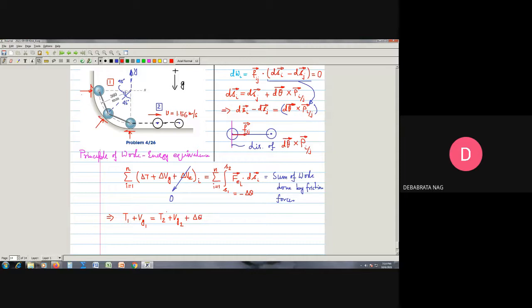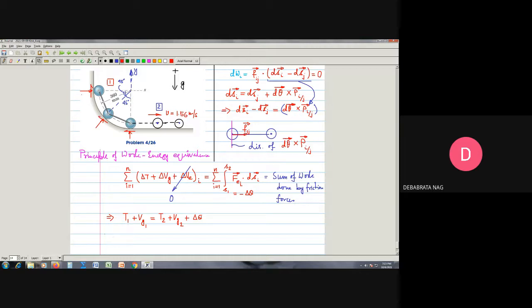Immediately one can find this equation in this form, which represents that the sum total of the potential energy and the kinetic energy in the initial condition should be equal to the sum total of kinetic energy and the gravitational potential energy, along with the loss that is being produced because of the negative work done by the friction forces.